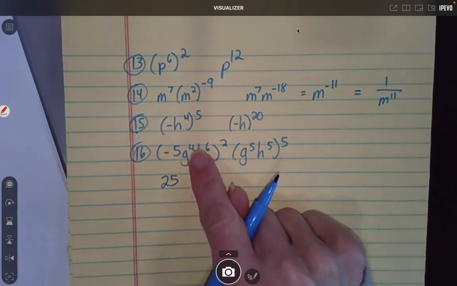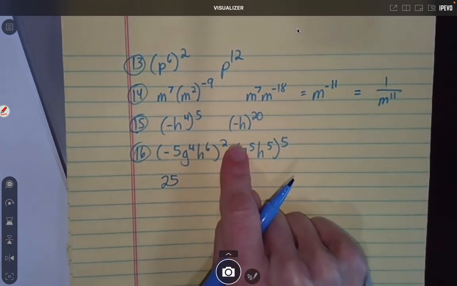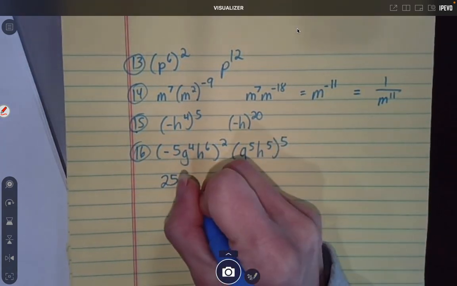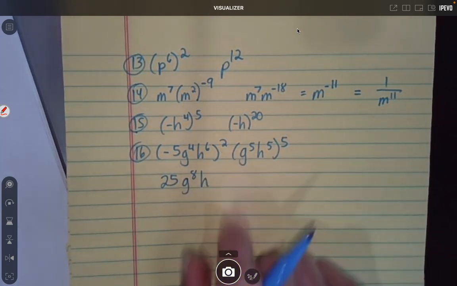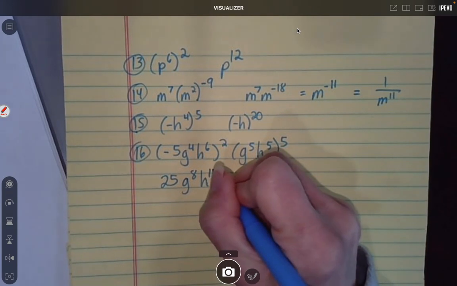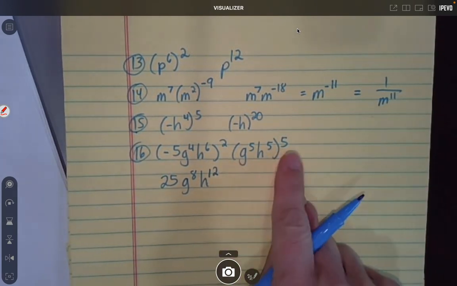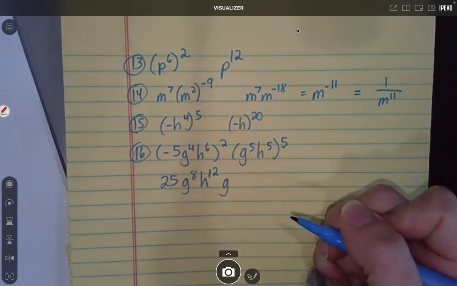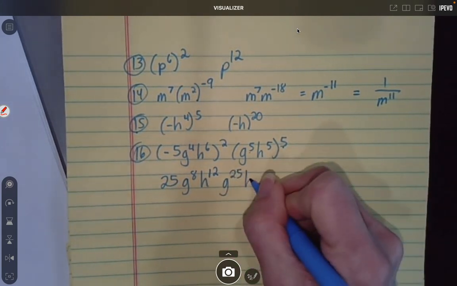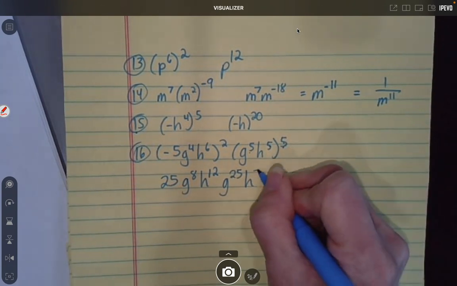Now let's keep going. It's going to be g to the, what is 4 times 2? 8. H to the, what is 6 times 2? 12. Okay, no number here, so it's just g to the, what is 5 times 5? And h to the, what is 5 times 5?